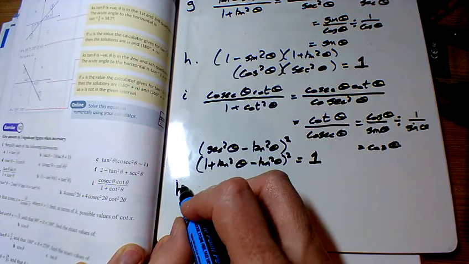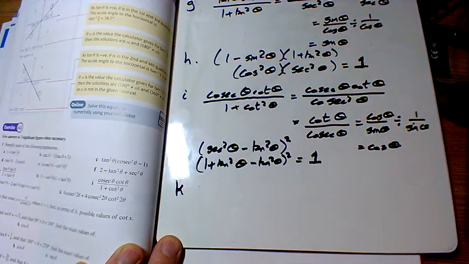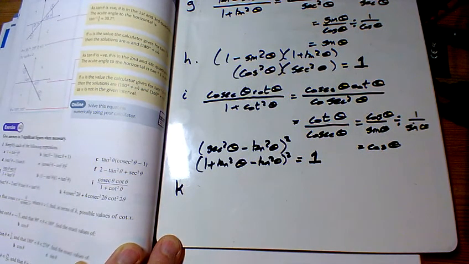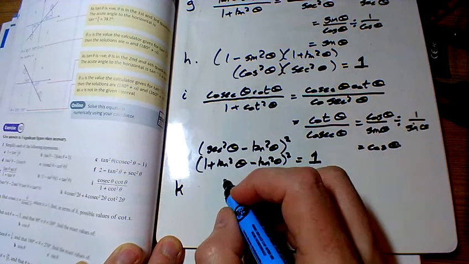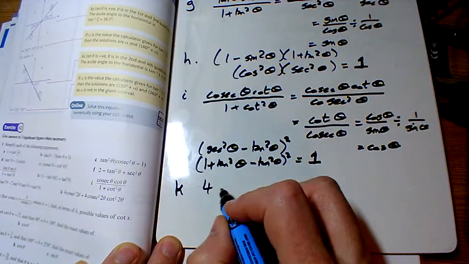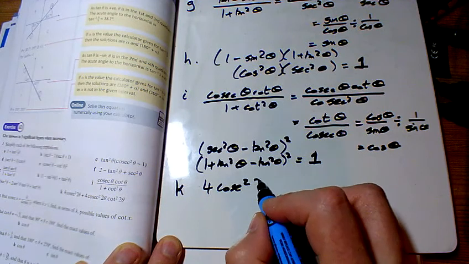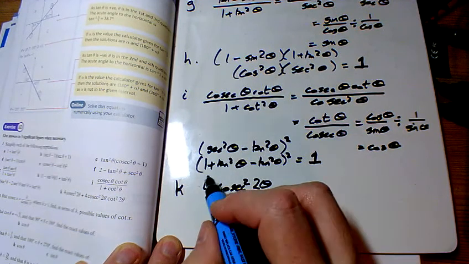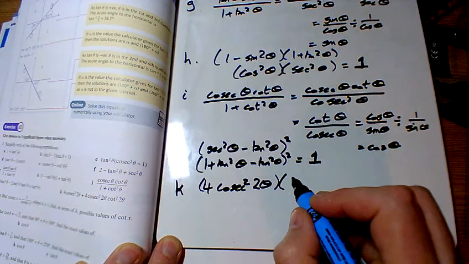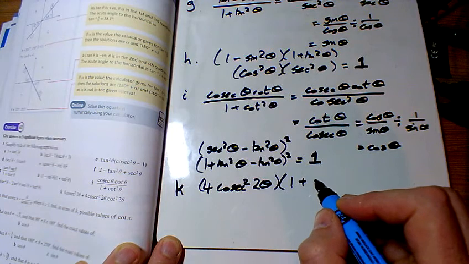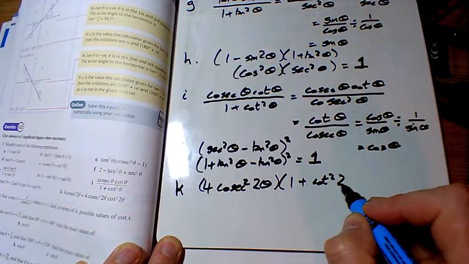And the last one of these, K, what should we do for K? I think I've got a factor. Yeah, let's take the factor of 4 cosec squared 2 theta. Sorry if you can't read that. And we've got 1 plus cot squared 2 theta.